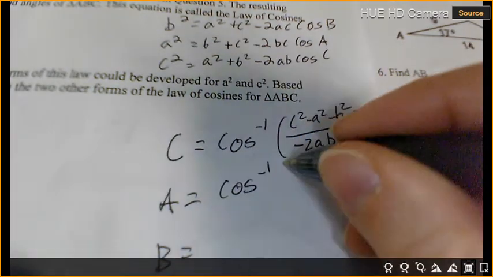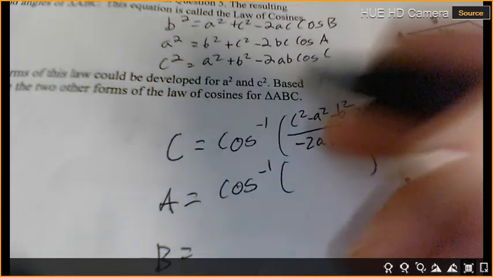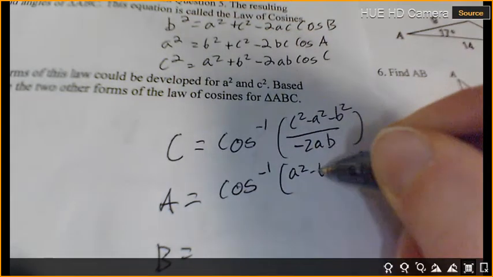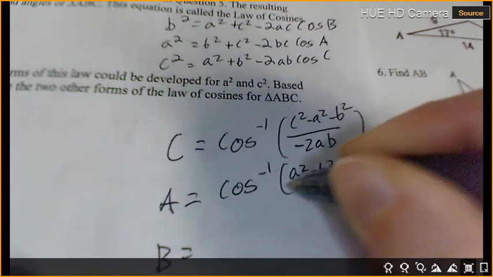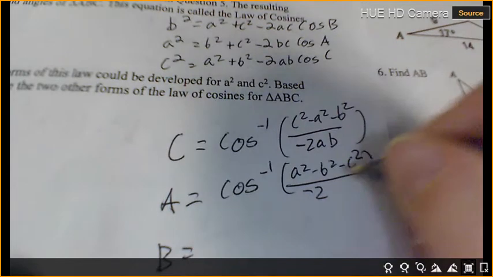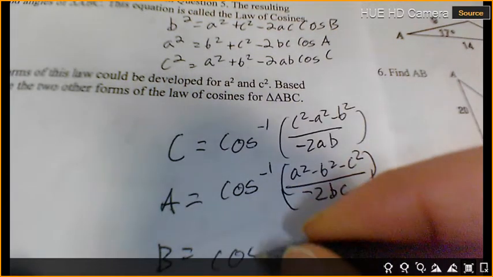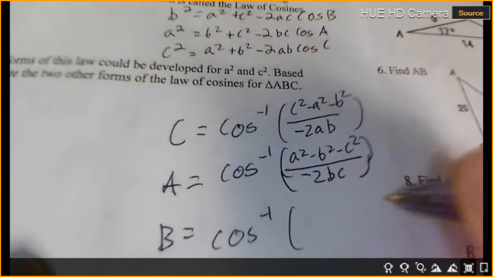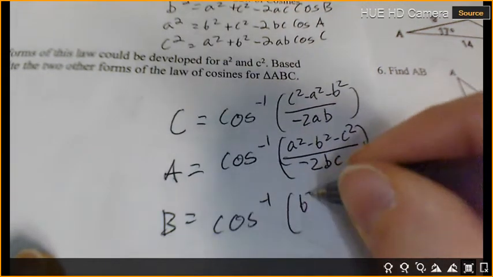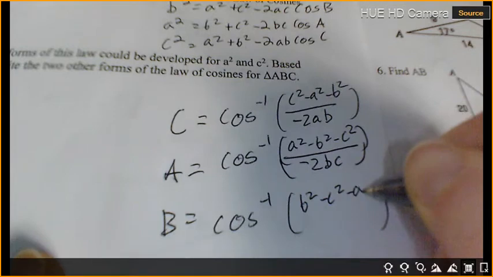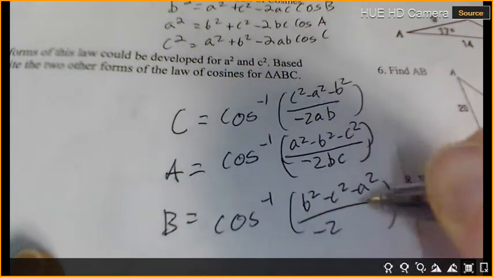Cosine -1, it would be a squared minus b squared minus c squared all over -2bc. And this would be cosine -1 of b squared minus c squared minus a squared all over -2ac.